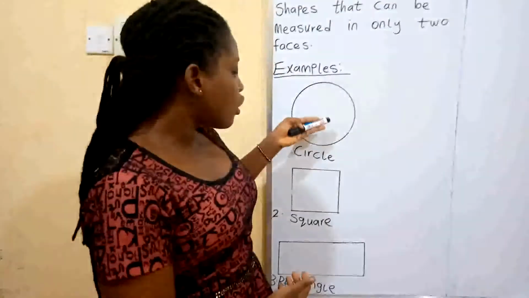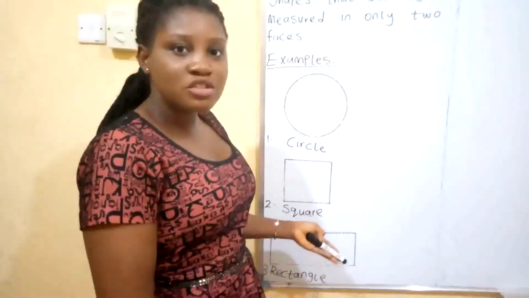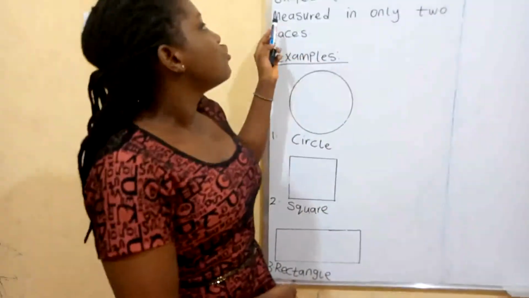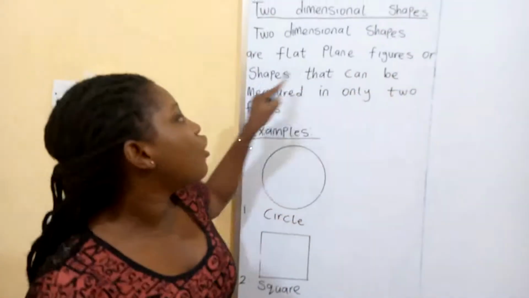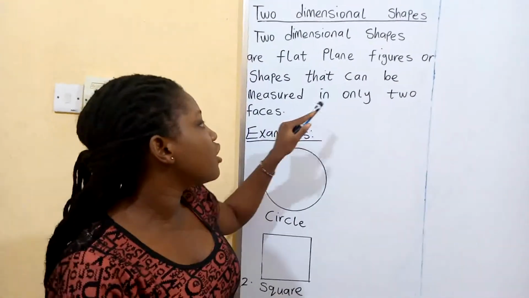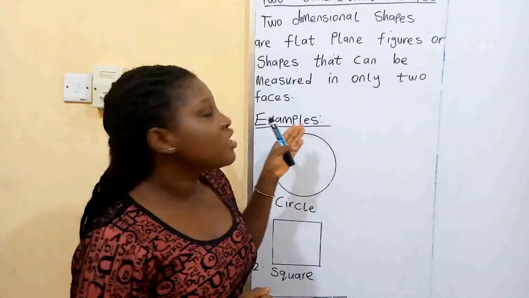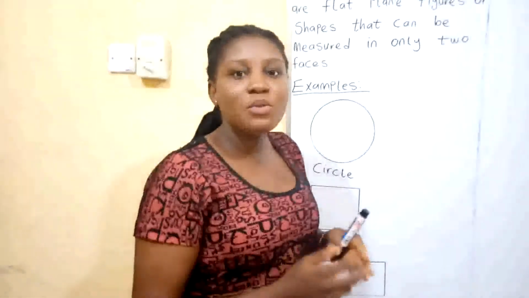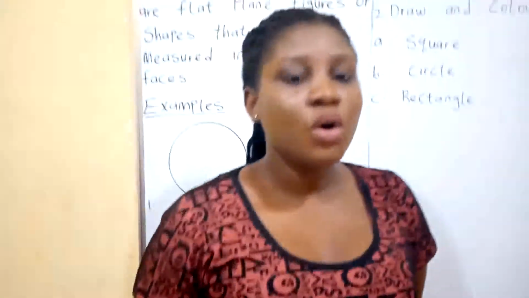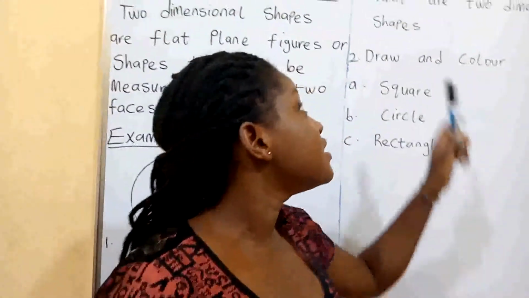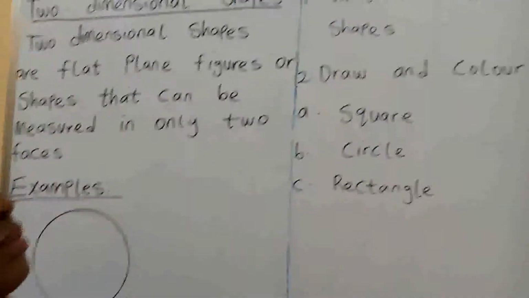So how do we call these shapes? Two-dimensional shapes. So they are flat plane figures or shapes that can be measured in only two dimensions. So we measure these faces in what? Two dimensions. Okay, so this is some exercise.